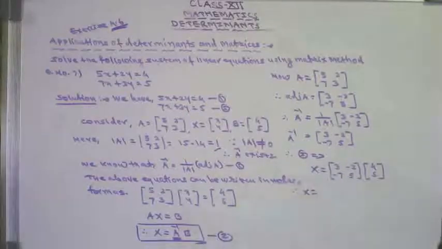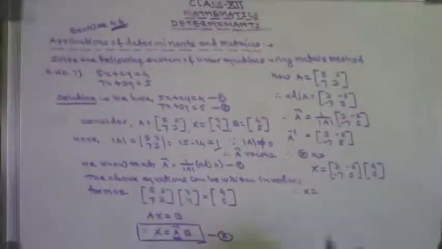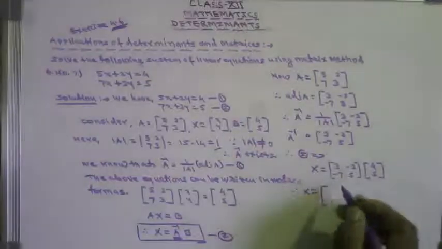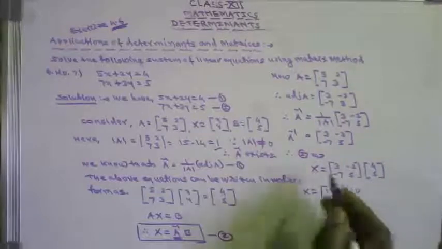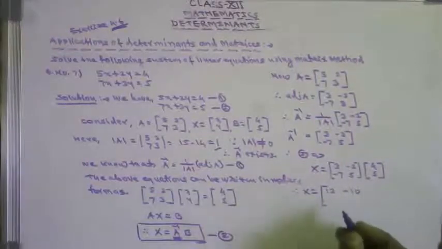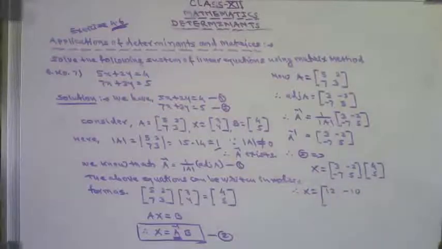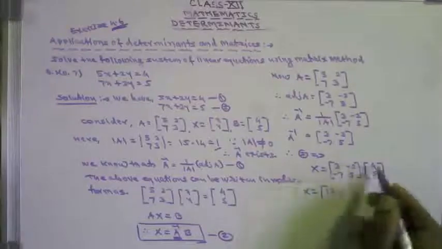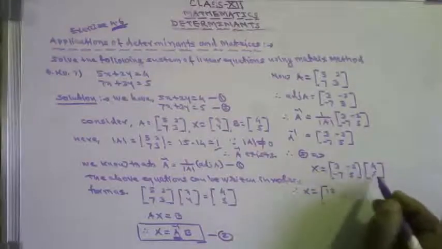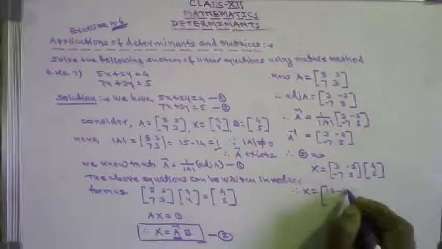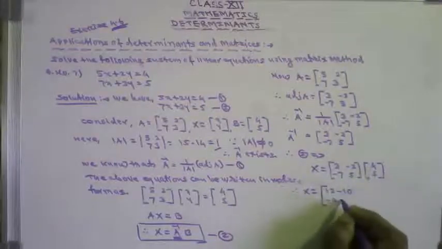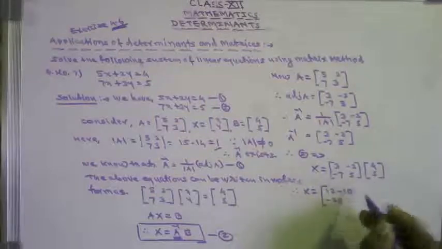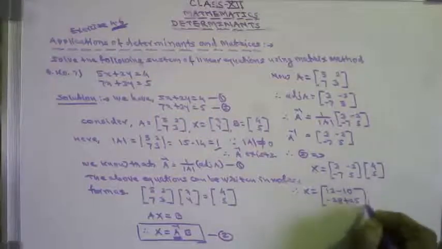Therefore X equals: 3 into 4 is 12, 5 into -2 is -10, then -7 into 4 is -28, and 5 into 5 is plus 25.